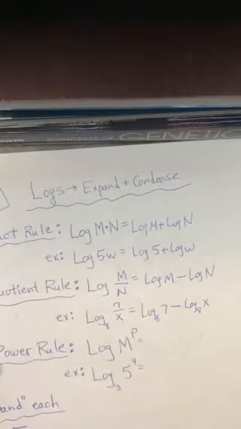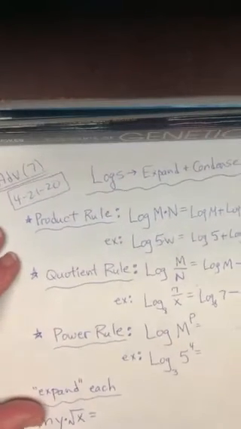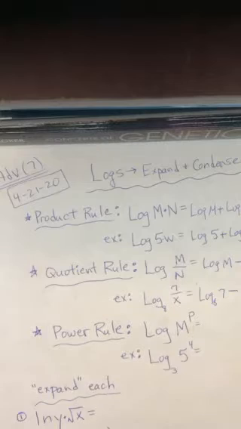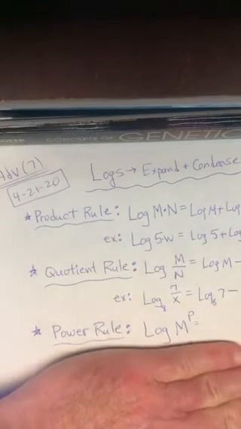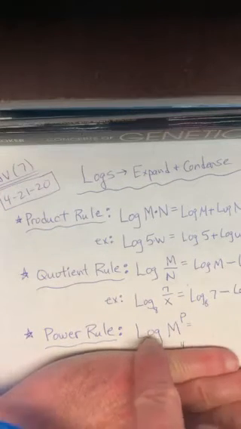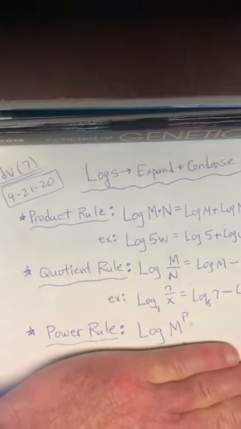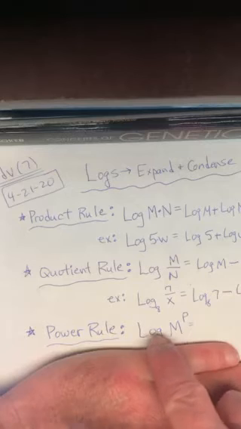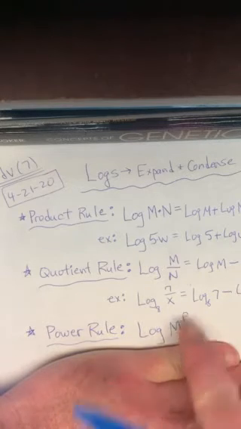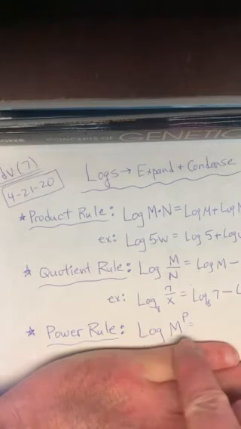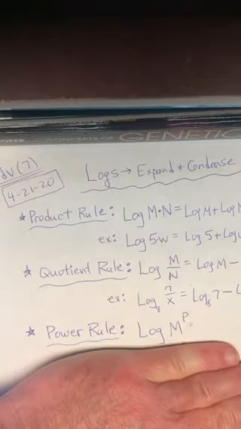Okay? And then finally, the third rule we've got to get familiar with when condensing and expanding logarithms is the power rule. What if I ever have a log problem? Again, it doesn't matter what the base is. And it's the log of something raised to a power. So the log of m raised to the p power.